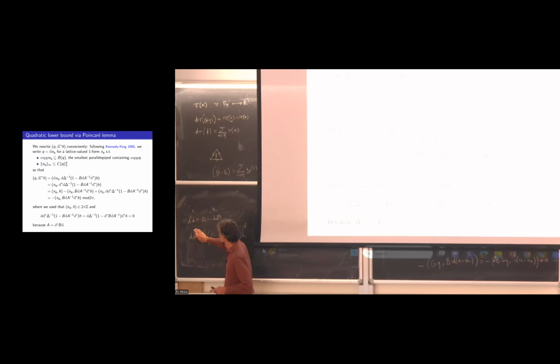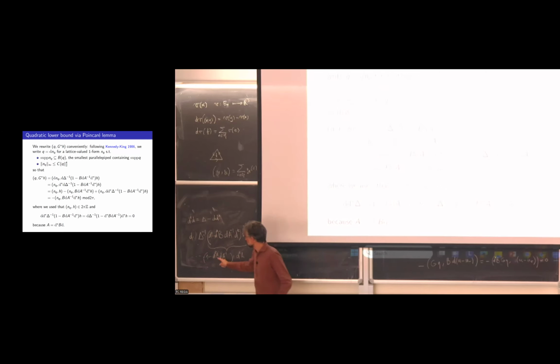So you can move the D star inside. Okay, now you see that you get D star H minus blah, blah, blah D star H. So you can factor D star H out. And you get 1 minus B D, sorry, D star B D A minus 1, period.